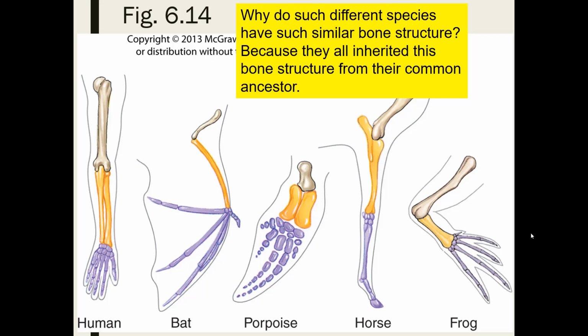They're lengthened or shortened or made lighter or stouter based upon the environment that the organism lives in. And so that's an idea of homologous structures. And when we look at species, we see a lot of these. And the easiest explanation is that they inherit the homologous structure from the common ancestor.